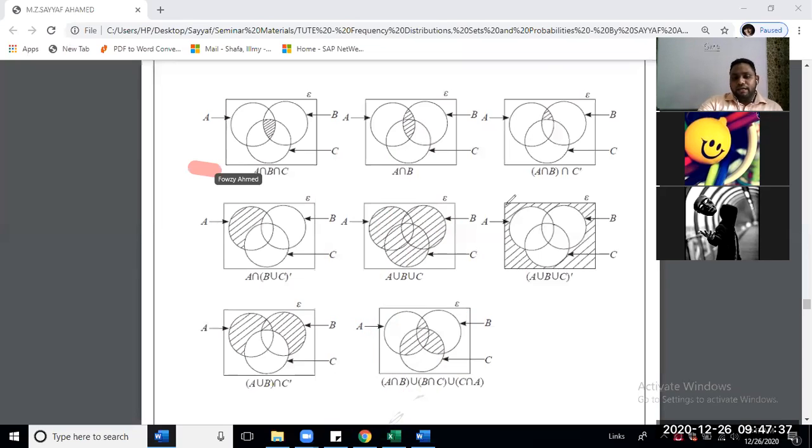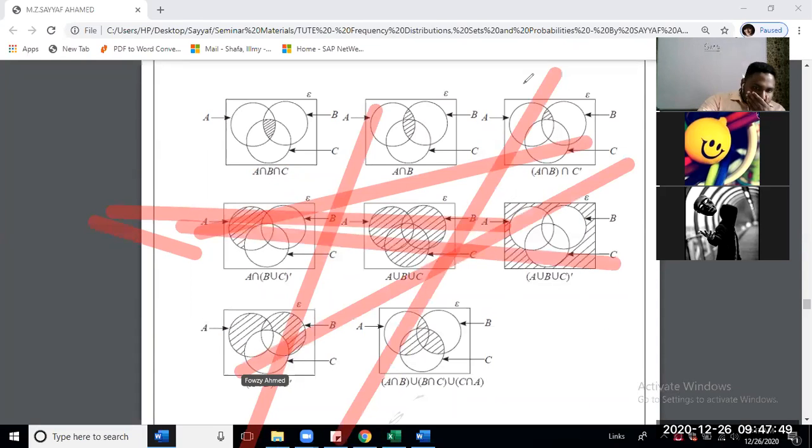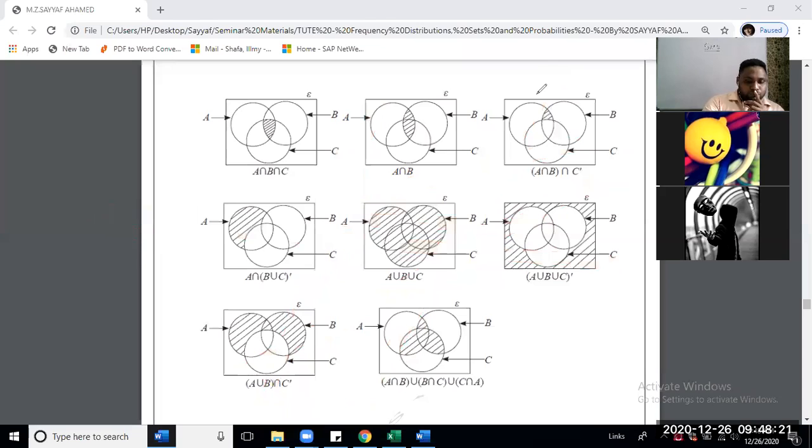A intersection B union B intersection C dash union C intersection A. Right.